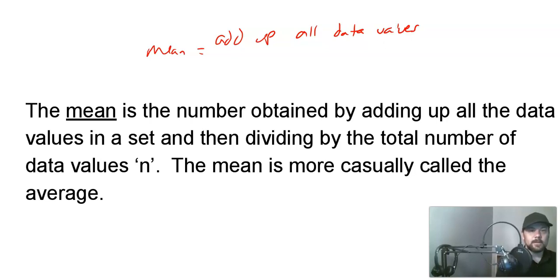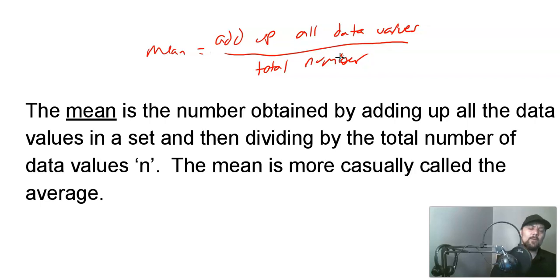Oh, that's a horrible L. Sorry about that. It's still bad. And then divide by the total number of data values, which we could just call N, but I'm going to make a point here that using words, it's a bit clunky and not really what you think of when you think of a mathematical formula.